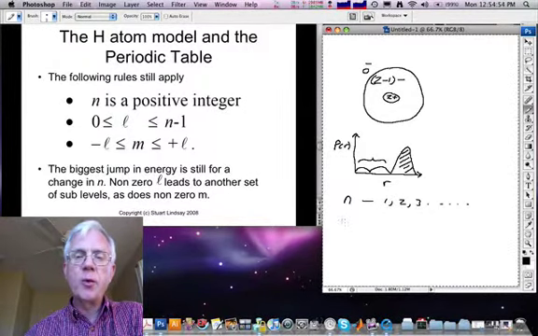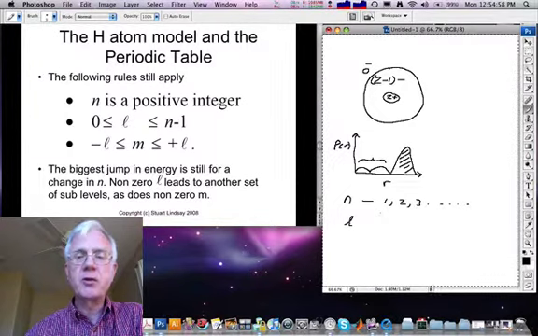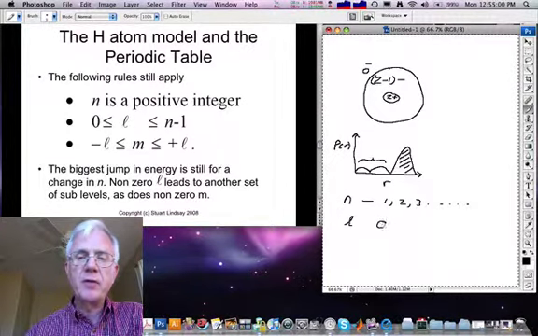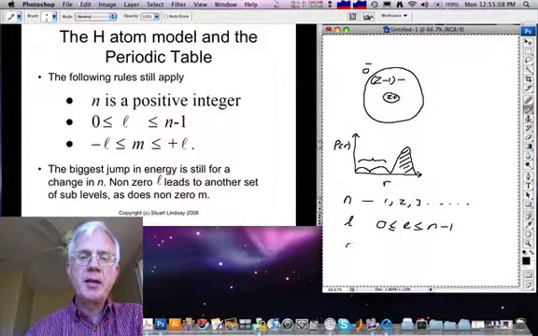The azimuthal quantum number is an integer that is restricted to a range of 0 and n minus 1. And the magnetic quantum number lies between minus L and plus L.